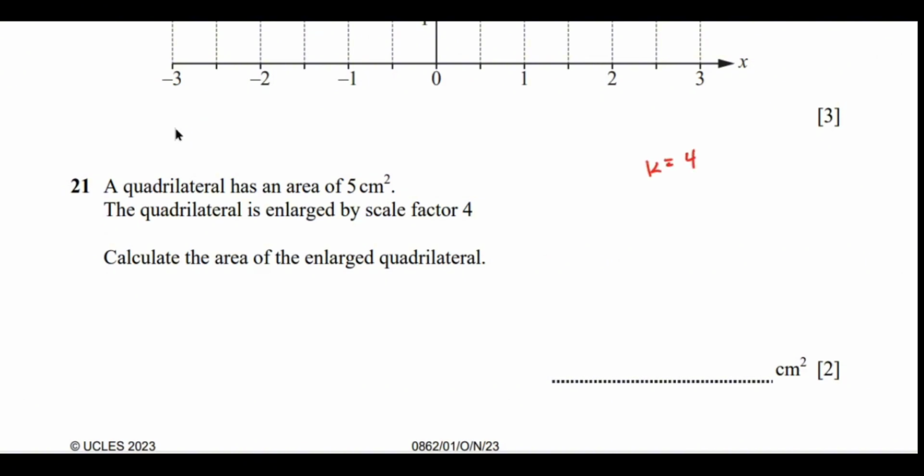So if k equals 4, that means k square will give us 4 square, that means k square will give us 16. So it simply means that we are going to multiply this by 16. So 16 times 5 will give us 80. So we are going to have 80 cm square as the area of the enlarged quadrilateral.